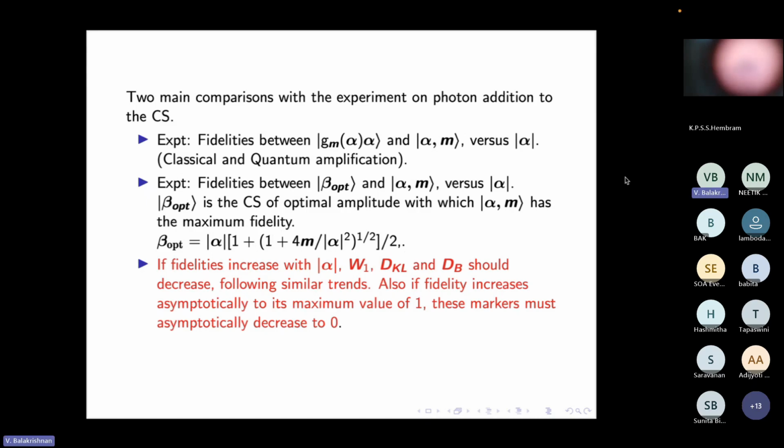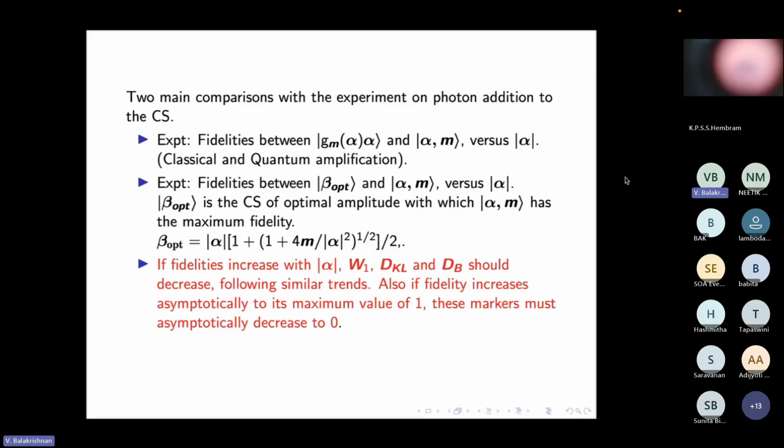There are two main comparisons which we can make with the experiment on photon addition to the coherent state. What the experiment did is the following. The fidelities between Gm of alpha alpha and alpha comma m versus mod alpha. The plots have been given in the experimental paper.